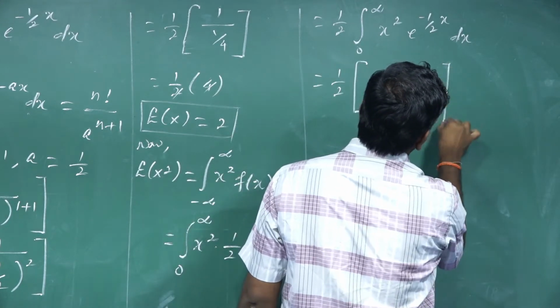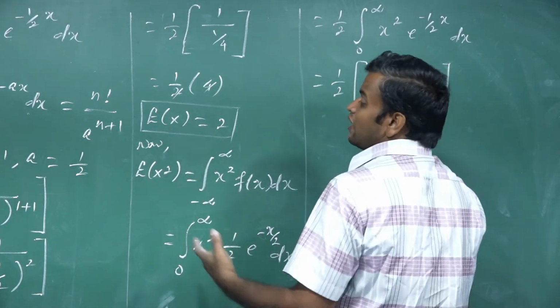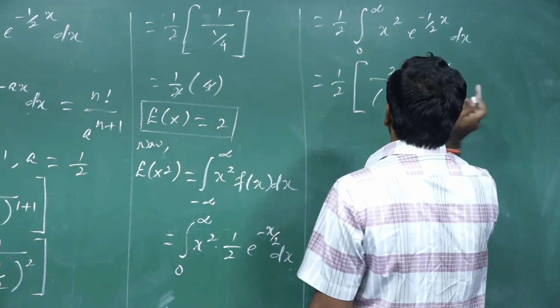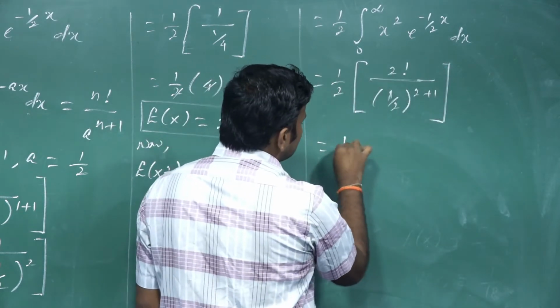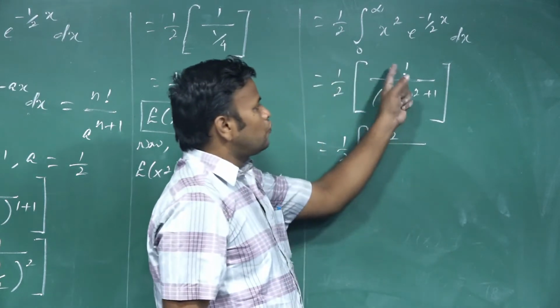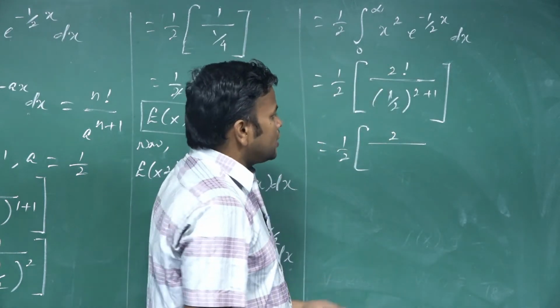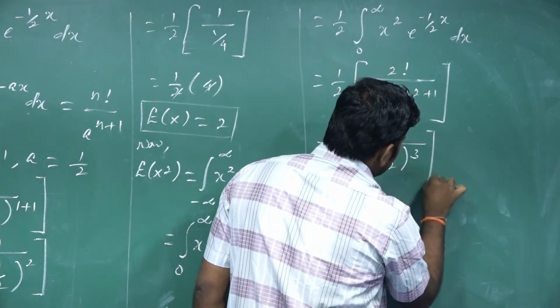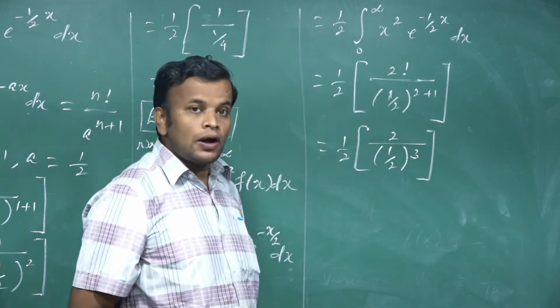So 2 plus 1. Using the same previous formula, a power n plus 1, the value of a is 1 by 2 and n is 2 here. So 1 by 2, the value of 2 factorial is 2, divided by 1 by 2 the whole cube.